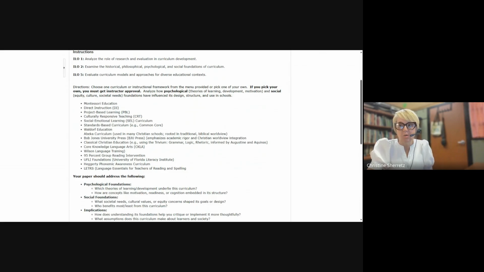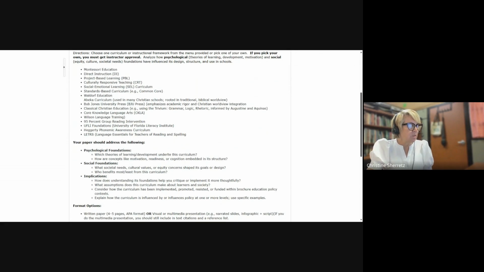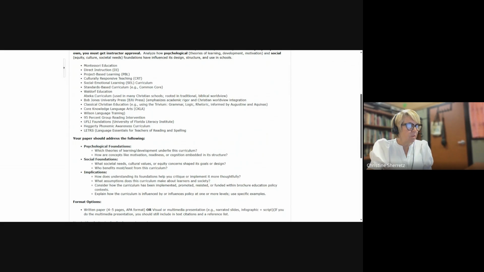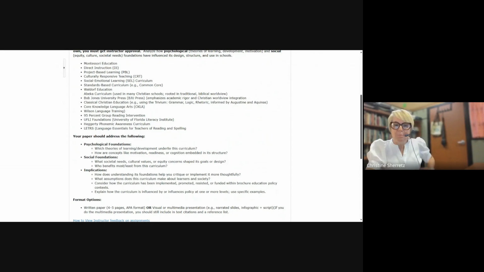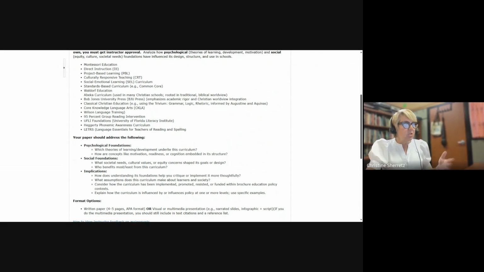Maybe it's something that you're using and you don't know the research on it. You need to explain in your paper which theory or theories of learning underlie this curriculum. How are concepts like motivation, readiness, or cognition embedded in that framework? You need to talk about social foundations, like what society needs, the cultural values. Does it address equity issues?